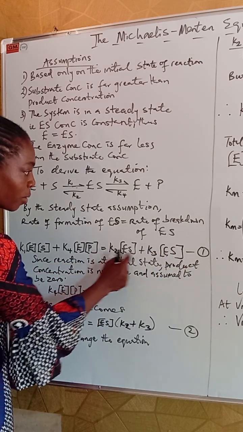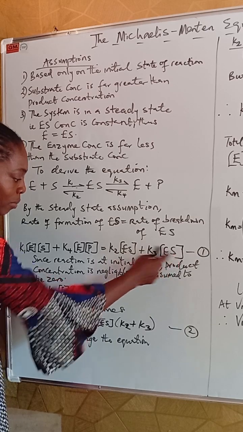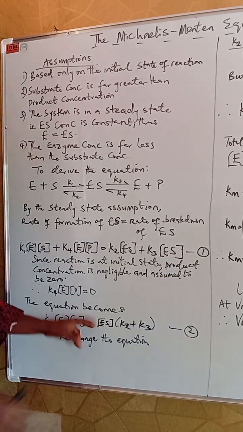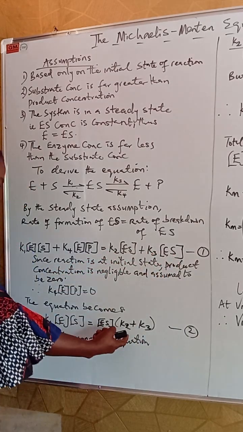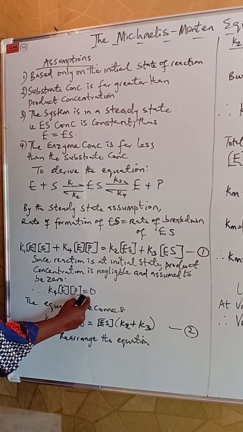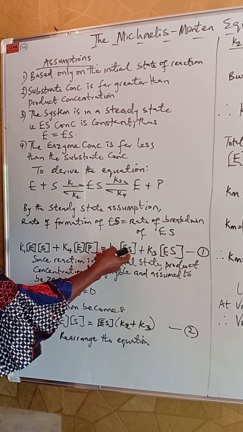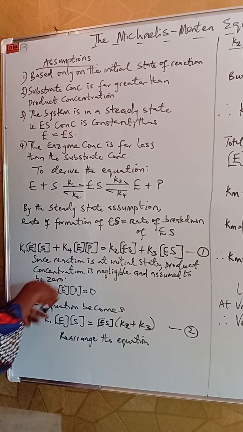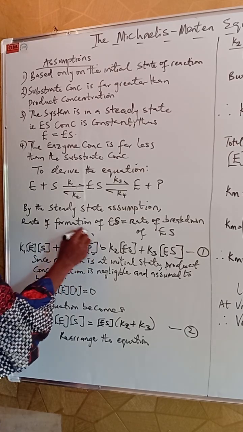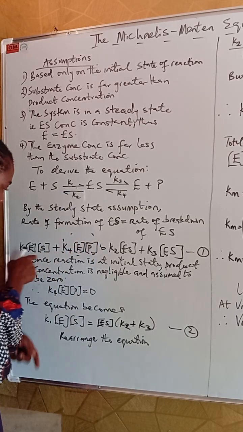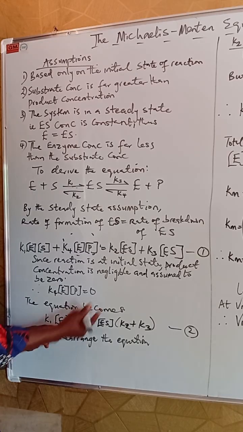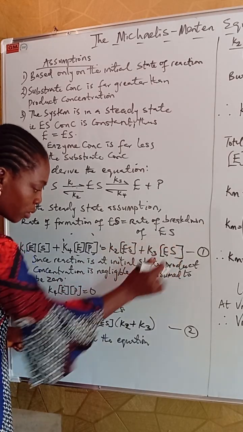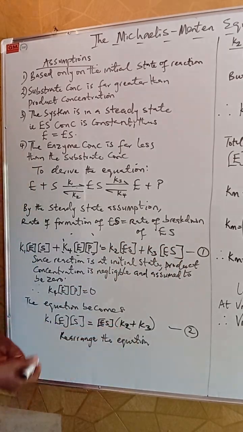ES is common to two of them, so we'll bring out ES as a factor, and we'll put K1 and K2 in brackets. So once we assume the product is 0, equation 1 becomes equation 2. This part is knocked out because P is assumed to be 0, so we have only this part. And then we factorize, since ES is common to both of these, we have this equation 2.